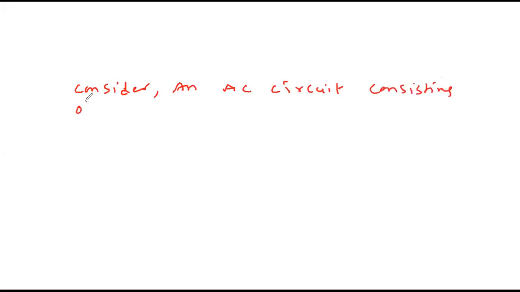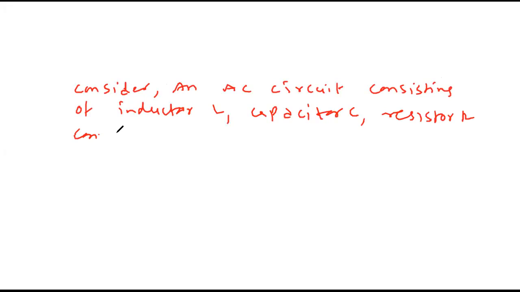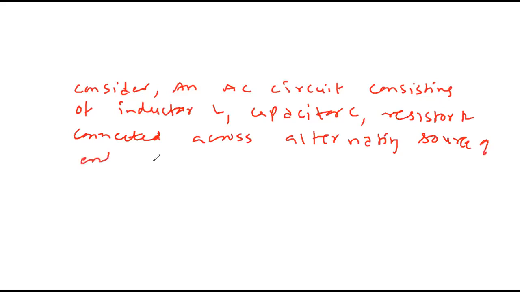Consider an AC circuit consisting of inductor L, capacitor C, resistor R connected across an alternating source of EMF equal to E0 sin omega t.